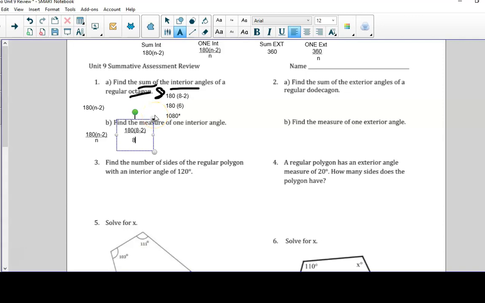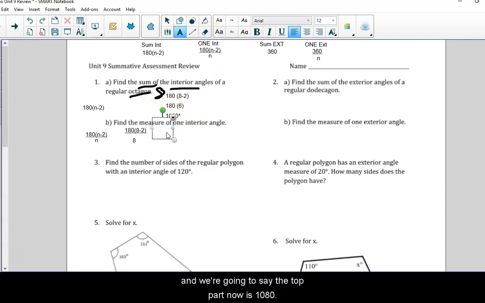8. Again, this top part was just basically the first question we did, right? This 8 minus 2 is the same, so just subtract, the 6 becomes 1080. Let's skip a step here.